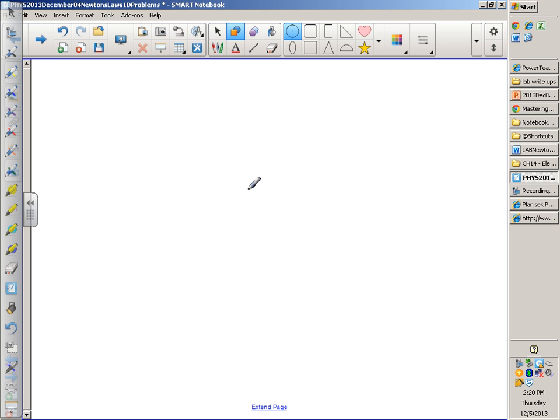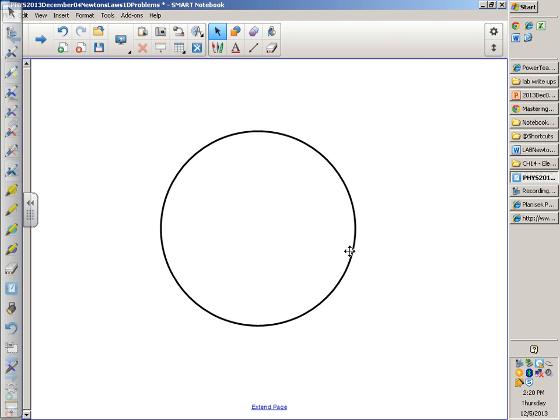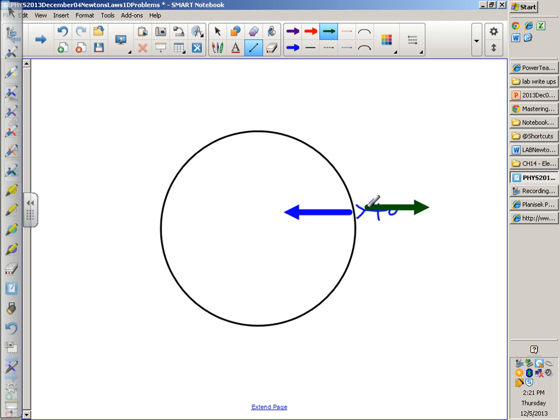Okay, so here's the Earth, right? If we're standing on this side of the Earth, not to scale, you push on the Earth, you apply a force to the Earth, and then the Earth applies a force on you, so you go up and the Earth goes down, or you go to the right and the Earth goes to the left.